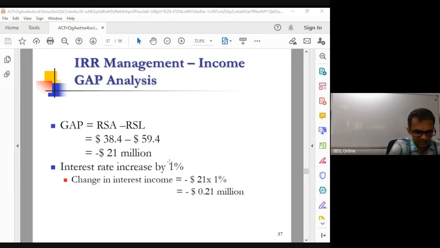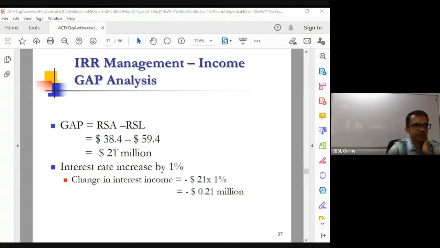Okay, so we are talking about the next 1 year period starting from today. What would happen if interest rate increased by 1% today? You have to pay 1% extra on these borrowings, only on this 21 million. So therefore, our interest income will go down because this is an expense.